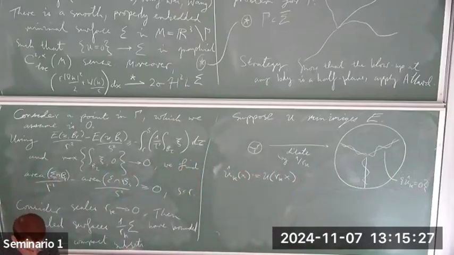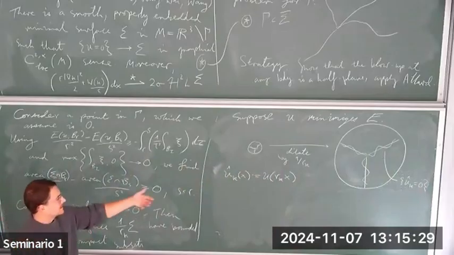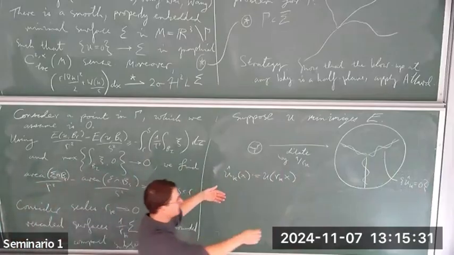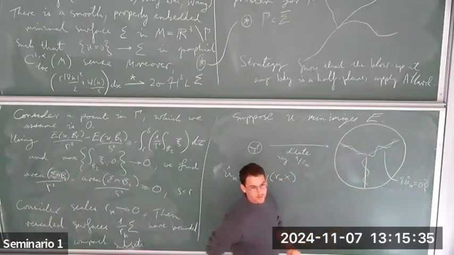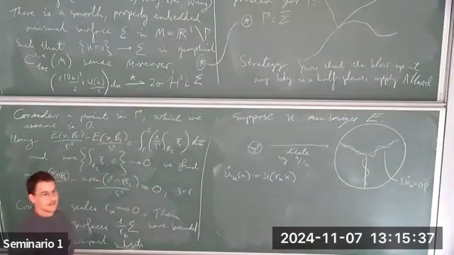So for any fixed scale Rk, as I send epsilon to 0, the rescaled sections converge to my rescaled surface.